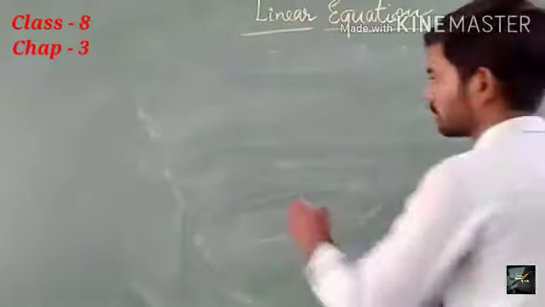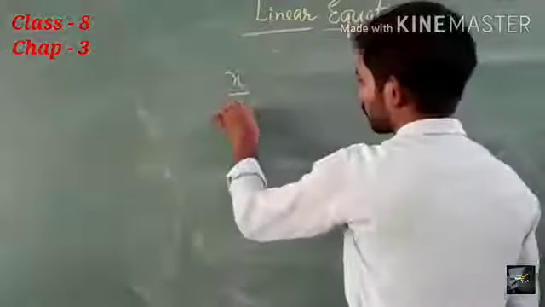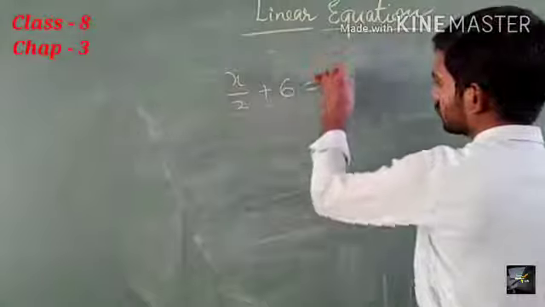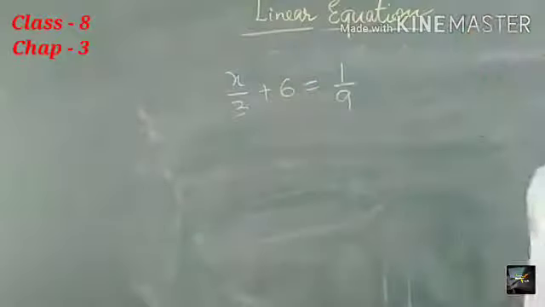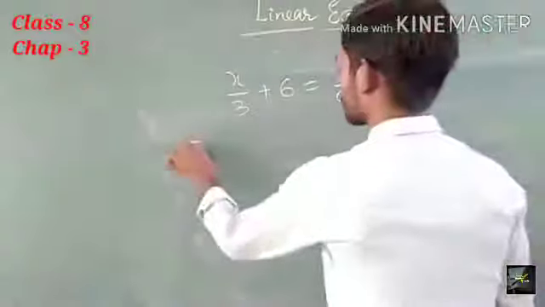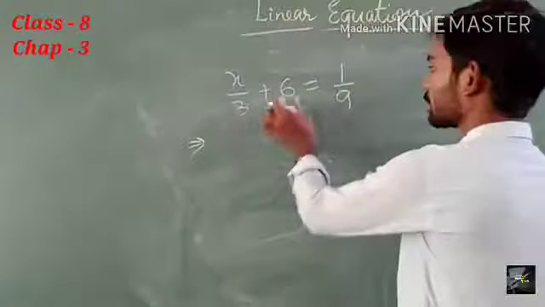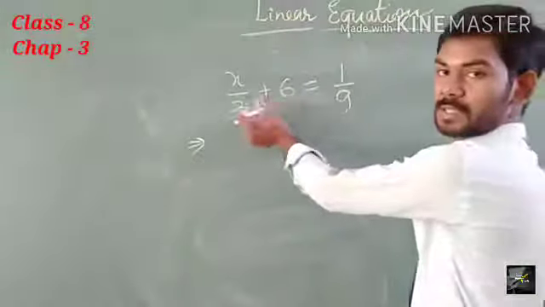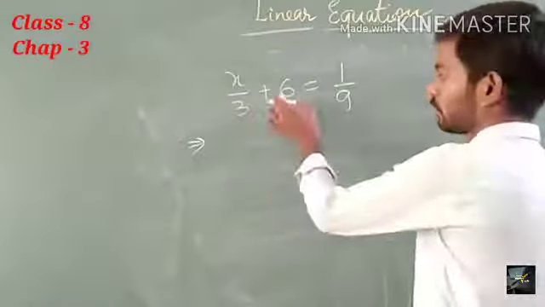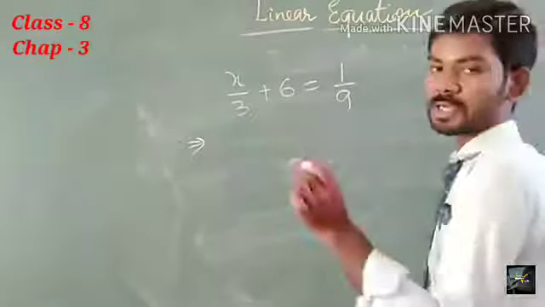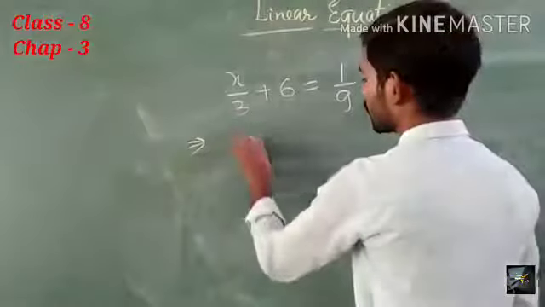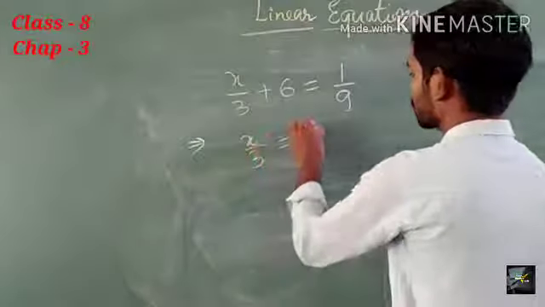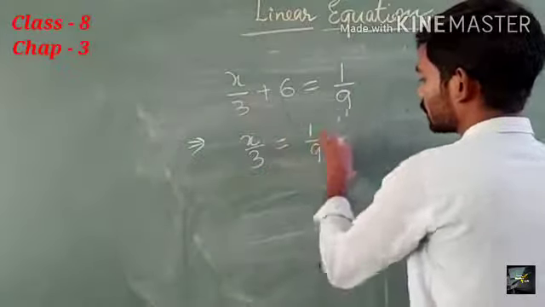Here, the question given is x upon 3 plus 6 is equal to 1 upon 9. Okay, now let's start. Here, 6 is added with x upon 3. Therefore, when we transfer 6 to the right side, it becomes negative and we get x upon 3 is equal to 1 upon 9 minus 6.